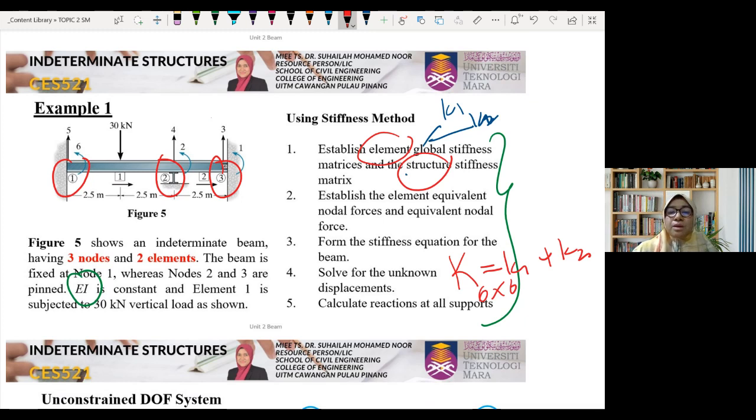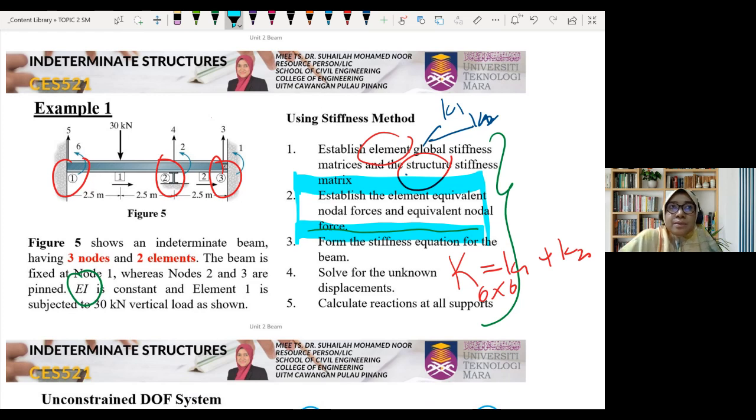Okay, step number 2. We need to establish the element equivalent nodal forces. What is this? This is actually called intermediate loading. When we analyze a beam, normally there will be intermediate loading. For example, in this case, this 30 kilonewton is subjected at the center of element number 1.